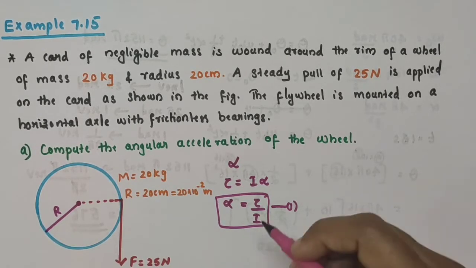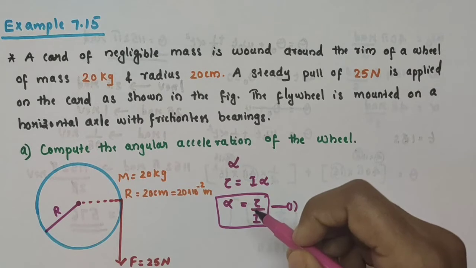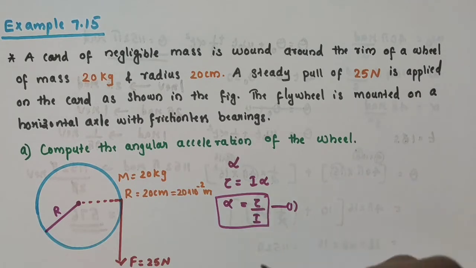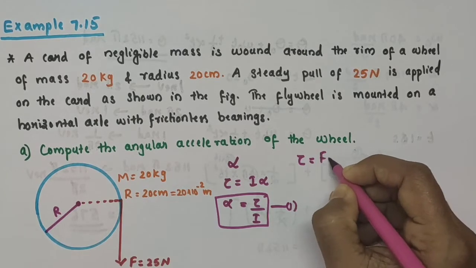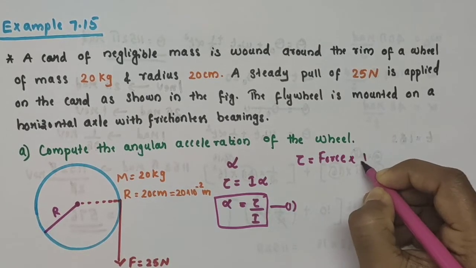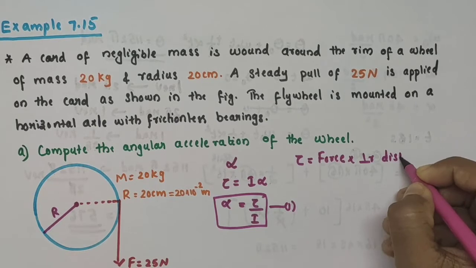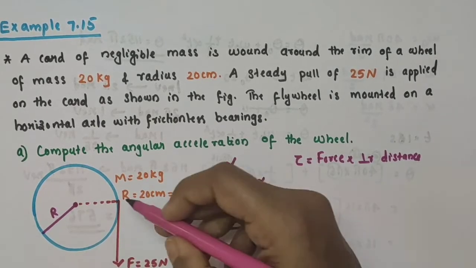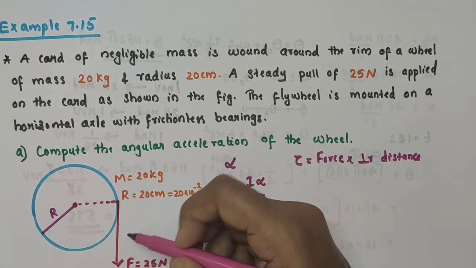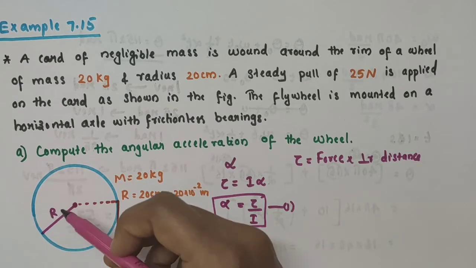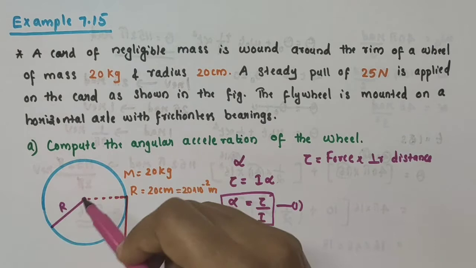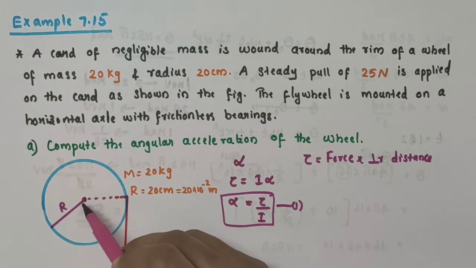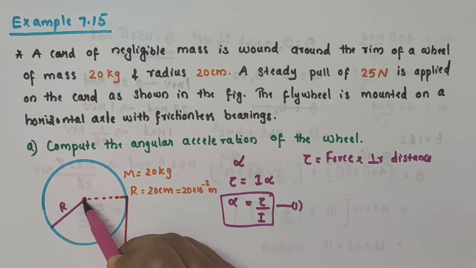Now, how to find this torque tau? We have the magnitude of torque, tau, equal to force into the perpendicular distance between the line of action of force and the axis of rotation or pivoted point. See here, this flywheel will rotate about an axis passing through this point.